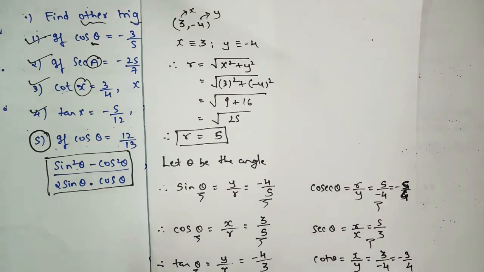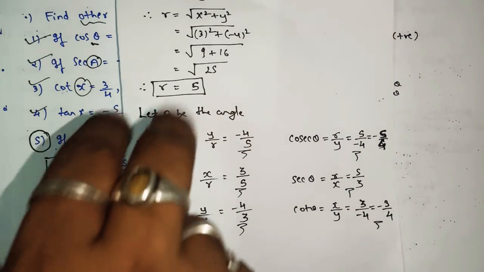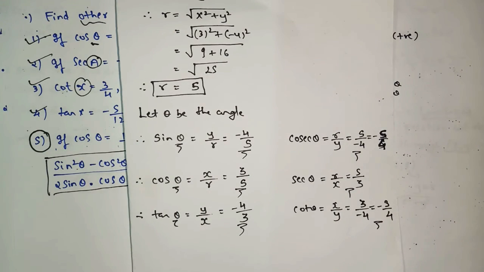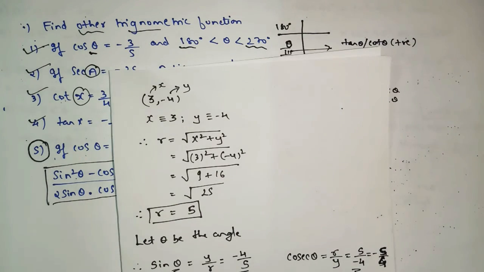So we know that whenever it passes through x comma y, we have to use the formula r equals square root of x square plus y square, and sine theta equals y upon r, cos theta equals x upon r. You have to use all these formulas whenever the question says that the terminal arm passes through x comma y.